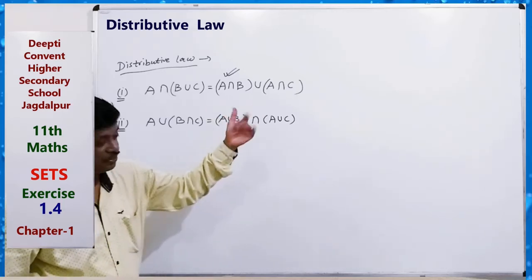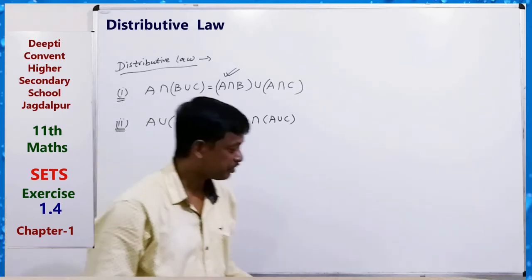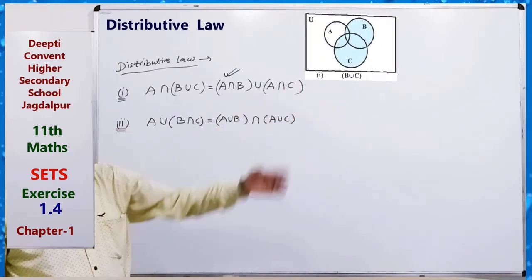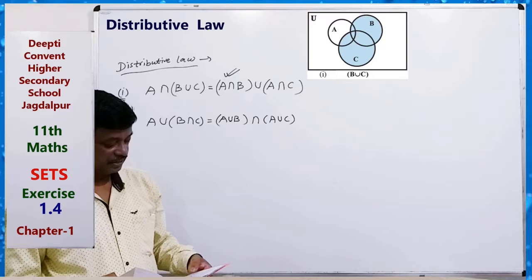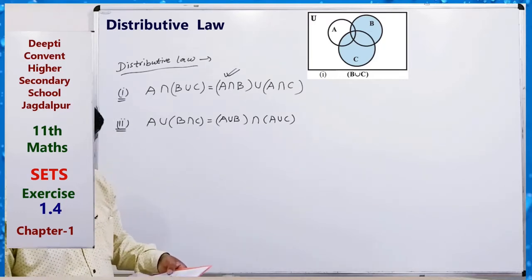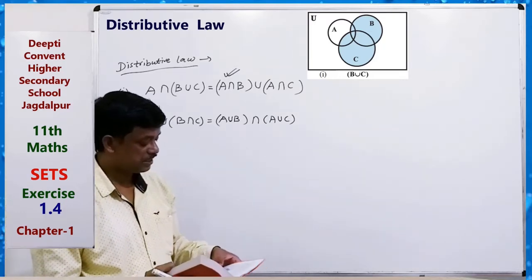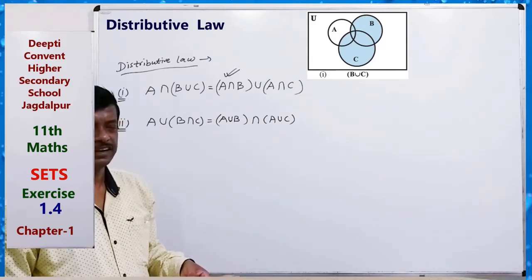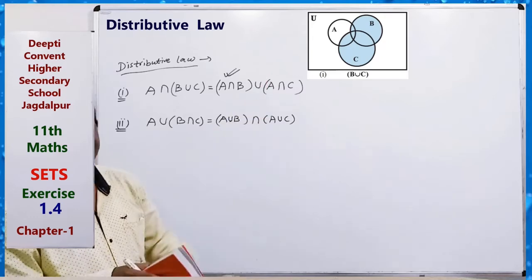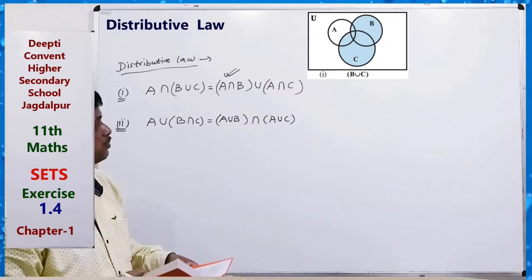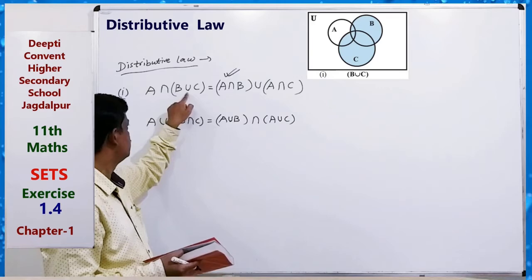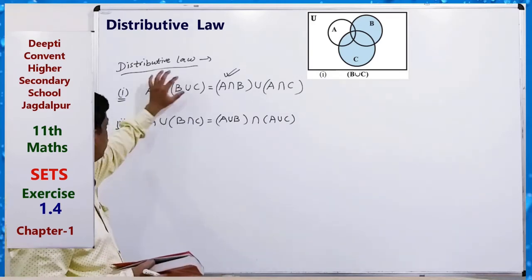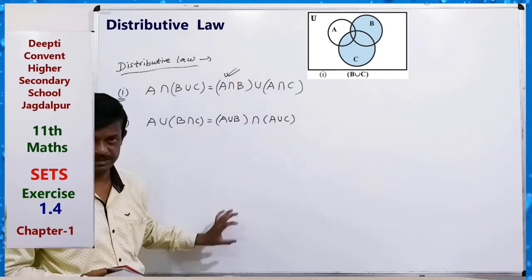So here, see in the diagram, in the first diagram, what do you see? A, B, C are three sets inside the universal set, and the shaded part in the first diagram is B union C. For proving, we are trying to find the value of this and the value of this.